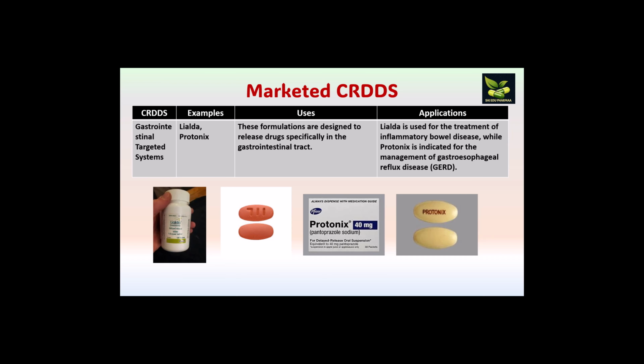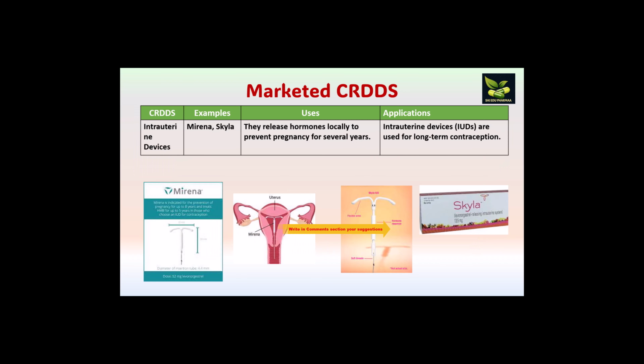Example, Lialda and Protonix. These formulations are designed to release drugs especially in the gastrointestinal tract. Lialda is used for the treatment of inflammatory bowel disease, and Protonix is used for the management of gastroesophageal reflux disease.